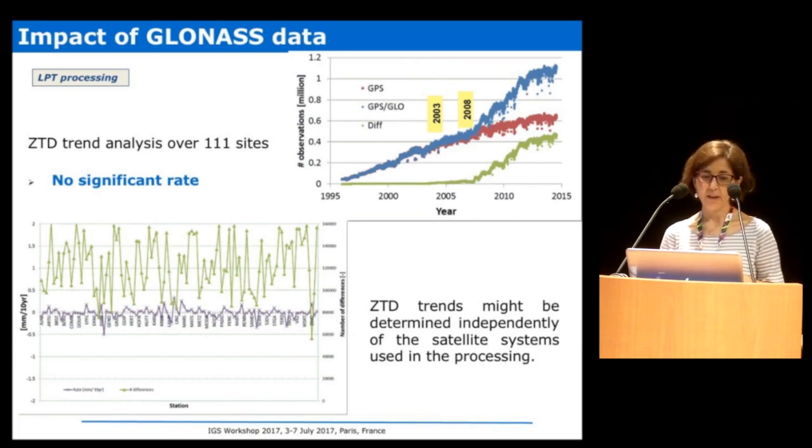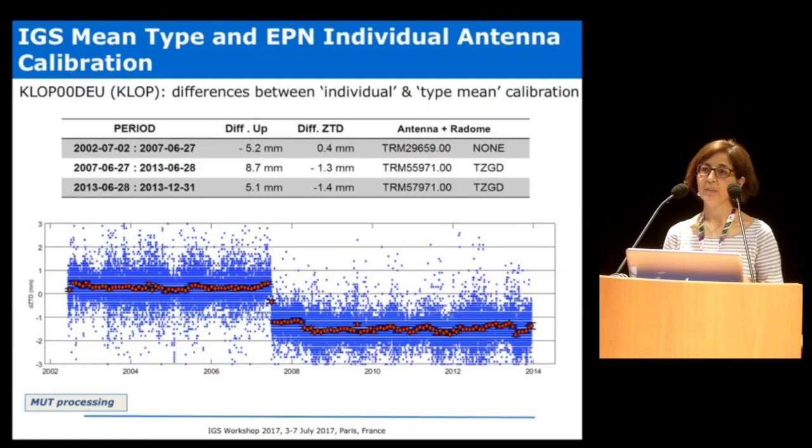The other was the impact of the IGS type mean and the EPN individual antenna calibration. According to the EPN guidelines, an analysis center has to use an EPN individual antenna calibration, if they are available, instead of the IGS mean type. We have about 70 stations in the EPN network where these individual antenna calibrations are available.